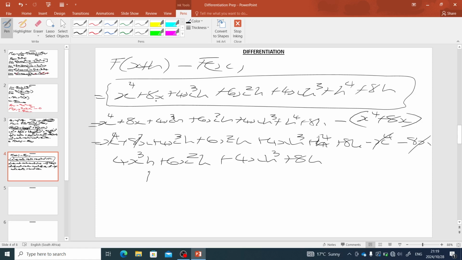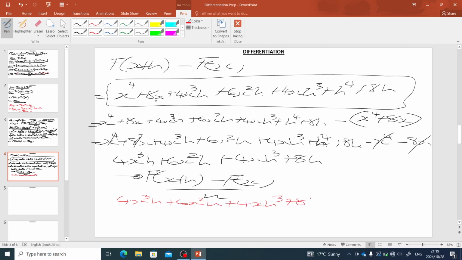The third step will be f of x plus h minus f of x, then divide by h. We already have this one. From here we are going to add the h. It will be 4x cubed h plus 6x squared h plus 4x h cubed plus 8h, divide by h. Okay, then from there we can take out the common factor.